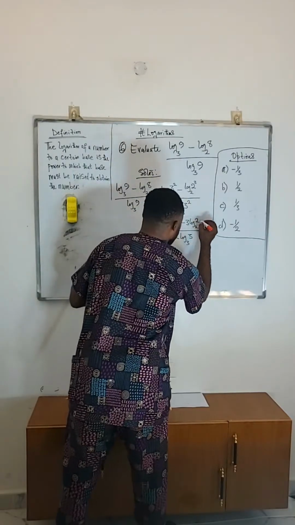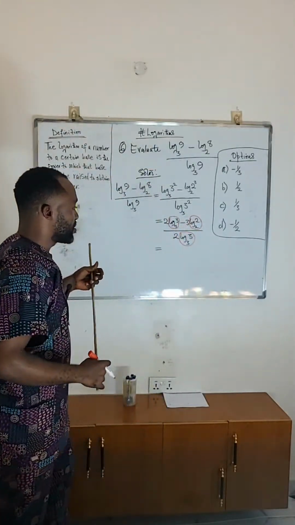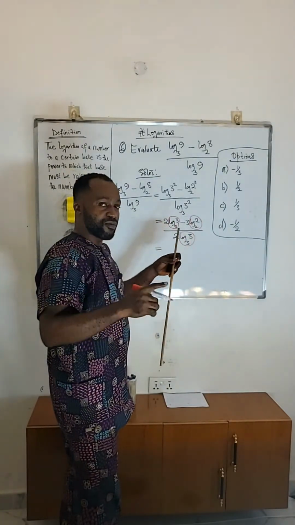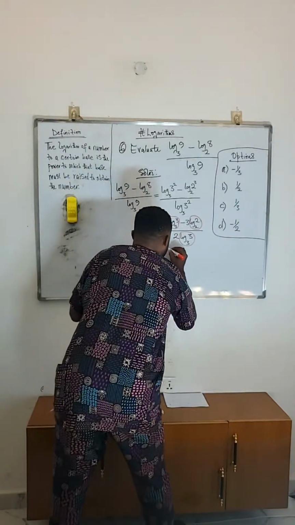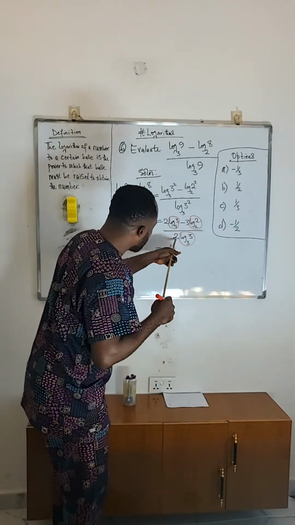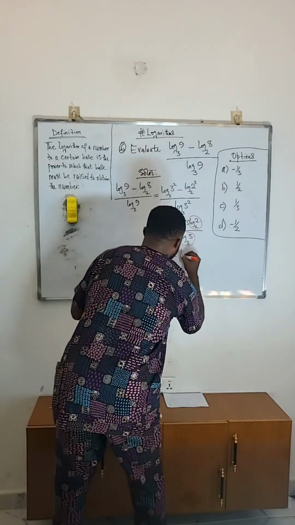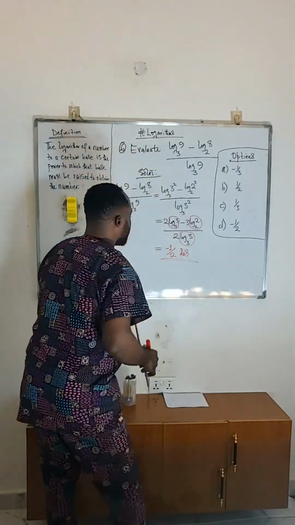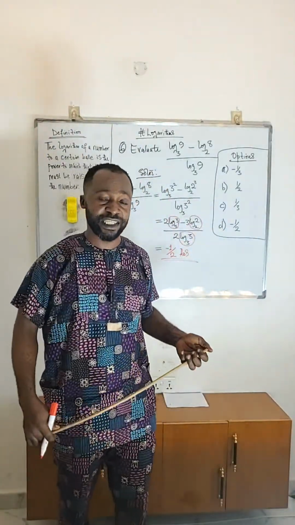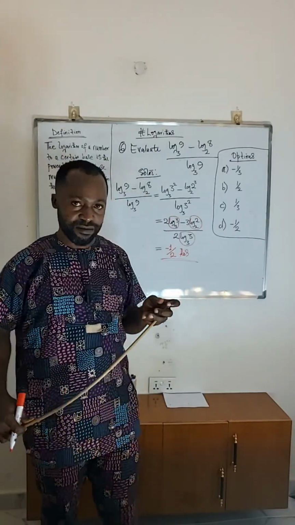This is equal to 1, this is equal to 1, this is equal to 1. So you can simply say 2 minus 3, which is minus 1 for the numerator. Minus 1 over 2 times 1 is 2. So you can see that the right option there is minus 1 over 2, which is option D. So option D becomes the right option to that evaluation of that logarithm.